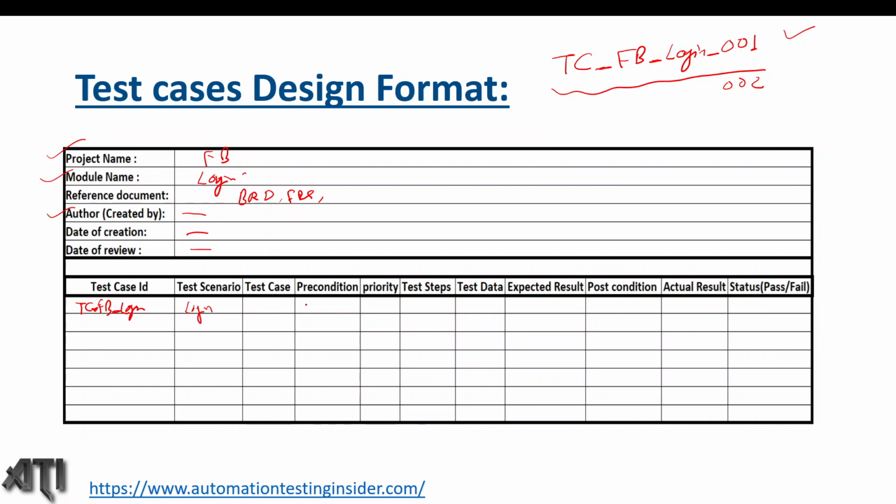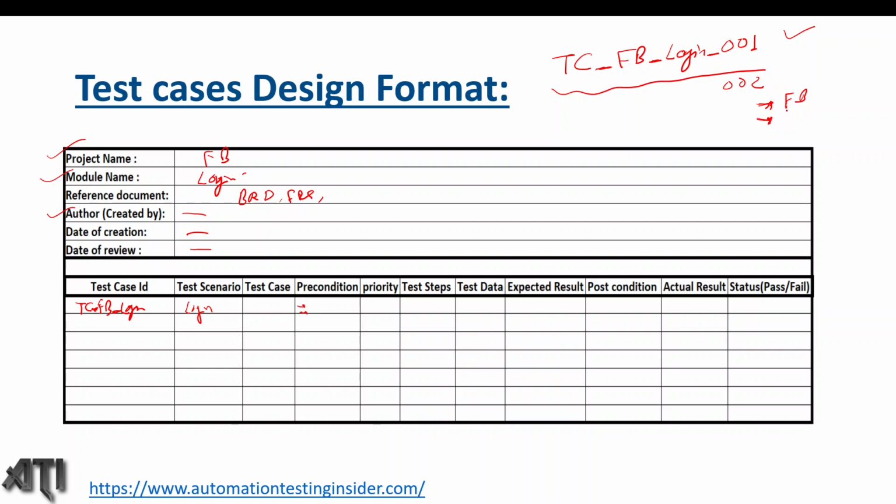And what is the precondition? The precondition is nothing but the application requirement that should be met before we execute the test case. What are the preconditions for this one? The site is up and running, the FB page is up and running, and the user should have a username and password.